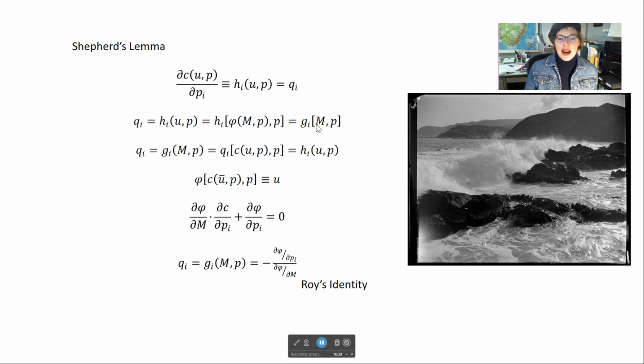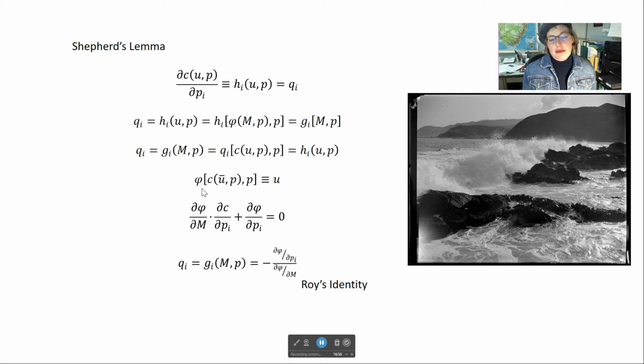This gives us our generalized demand function as a function of income and prices. Working the other way, we can take that generalized demand function and substitute into it the cost function, and then we get back our Hicksian demands as a function of utility and prices.